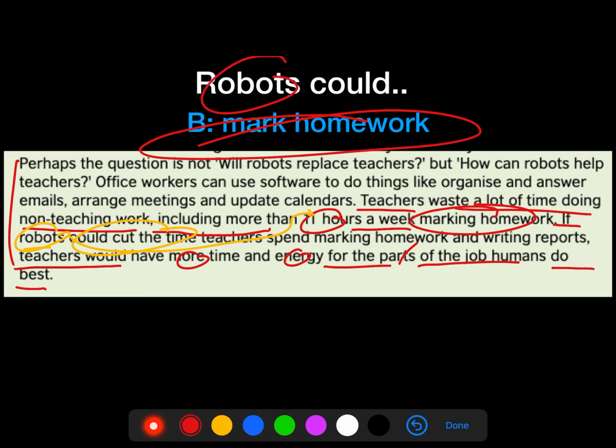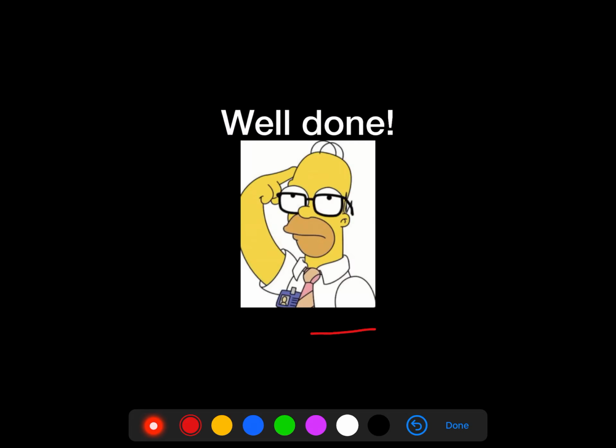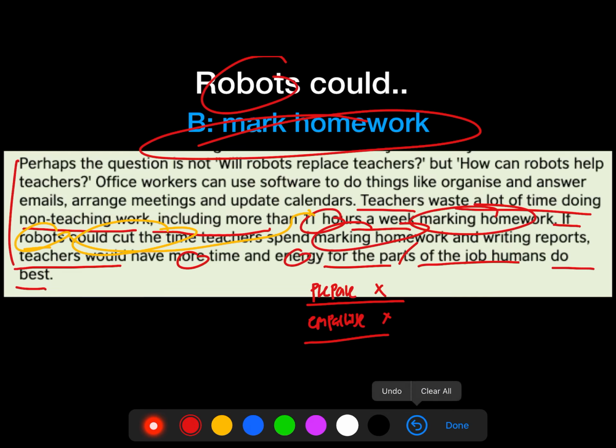We can say could as well. So robots could what? Prepare lessons or empathize with students? No. However, robots could mark homework. So B was the correct answer.